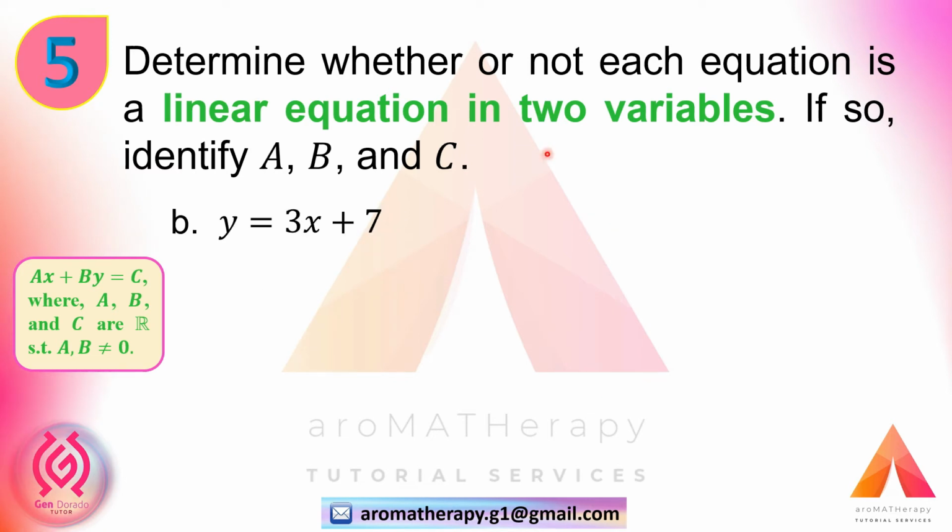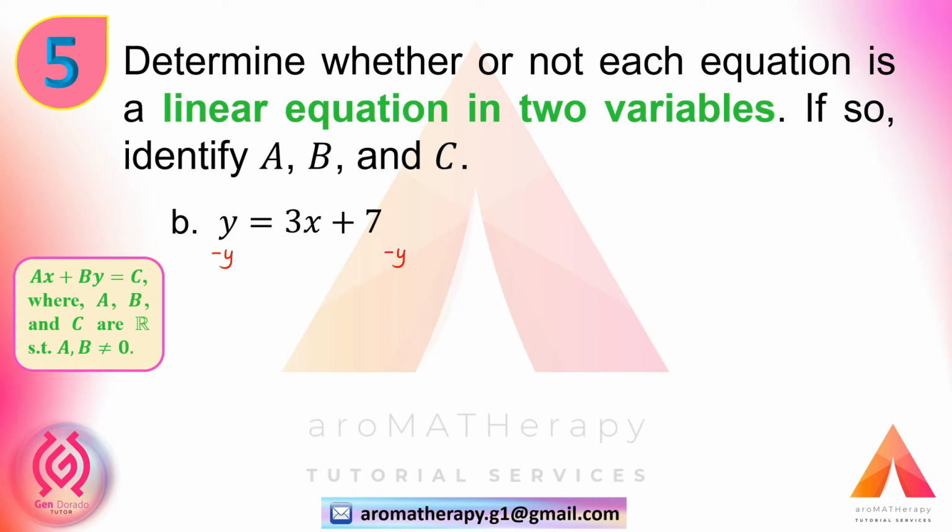For letter B, we're given the equation y equal to 3x plus 7. Let us convert this equation into the standard form ax plus by is equal to c. So here we need to subtract y from both sides of the equation.